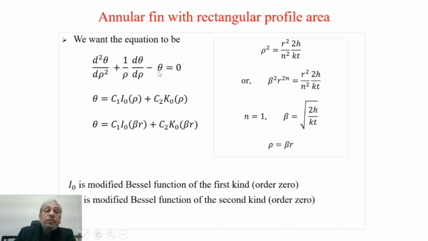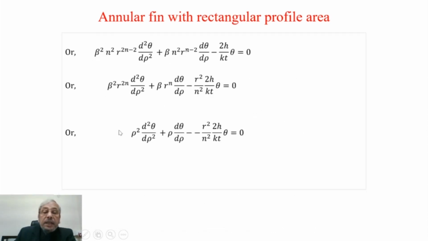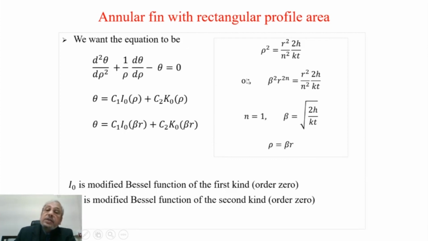So if this has to be theta, then clearly rho square has to be equated with this term, and that has to make physical sense. So rho square is r square by n square twice h by kt. That means beta square r to the power twice n is r square by n square twice h by kt.